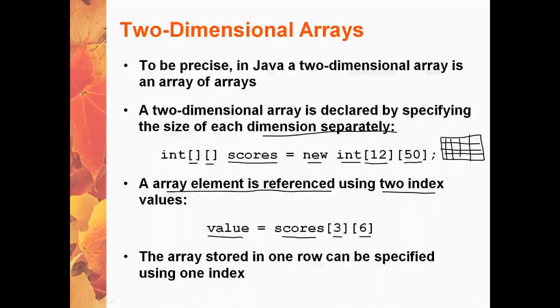That simply means row 3 and column 6. Suppose this is our two-dimensional array. We are referring to a cell with row number 3 and column number 6. So this is how we refer to a particular value stored in a cell in a two-dimensional array.